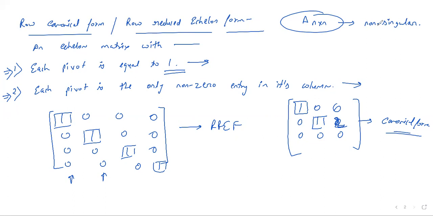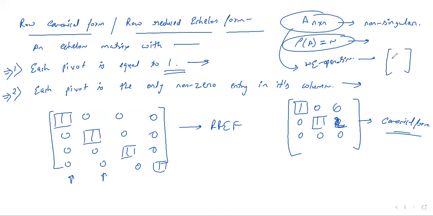I'm saying that if this matrix is non-singular, that means the rank of this A has to be equal to n. As its rank is equal to n, after applying elementary operations we can reduce this matrix to an identity matrix of n cross n.